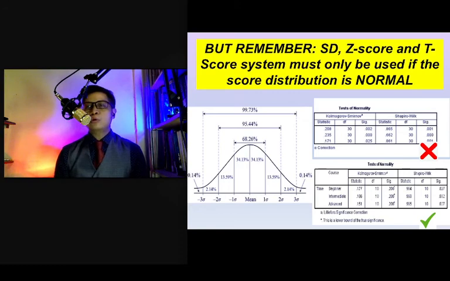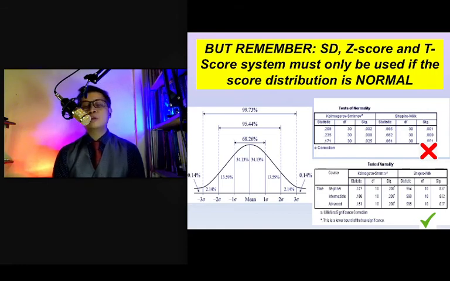Ngayon, halimbawa, kung yung curve mo hindi normal, then you cannot proceed to develop the norm. You cannot just write in the manual to use the standard deviation system, Z-score system, or the T-score system. So, mangongolekta ka pa ngayon ng mga scores, mag-a-adjust ka na naman sa pagpili mo ng test population or ng pilot population hanggang sa yung iyong distribution ay maging normal.